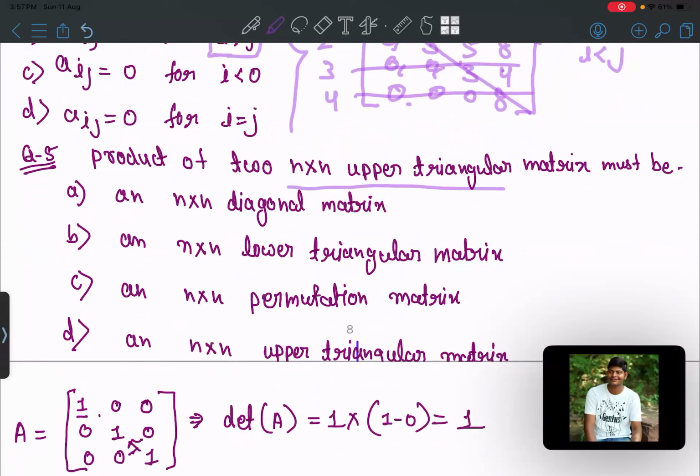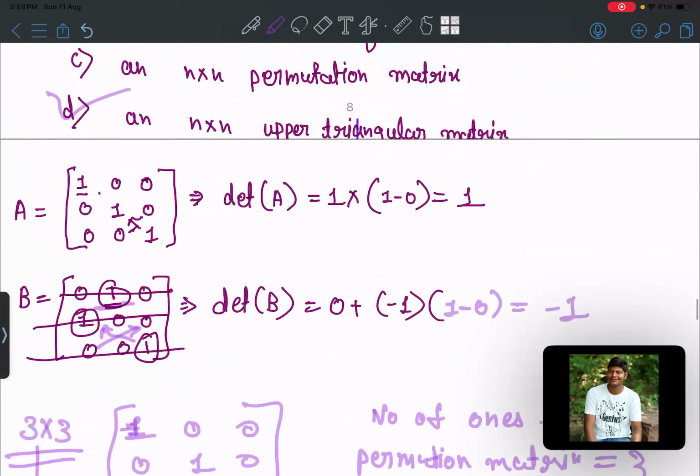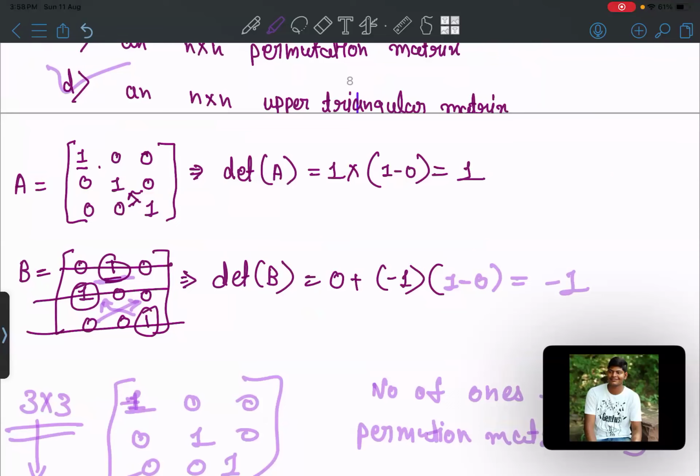You can take any two upper triangular matrices, multiply and check, and it will always come out upper triangular. Similarly, if two matrices are lower triangular, their product will be a lower triangular matrix.